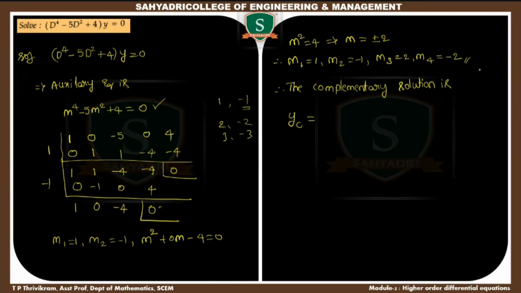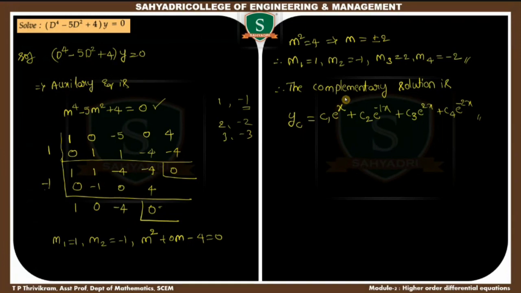For distinct roots, c1 e power 1 into x plus c2 e power minus 1x, plus c3 e power 2x plus c4 e power minus 2x. Where c1, c2, c3, c4 are all integrating constants. Those are all integrating constants, that's it.